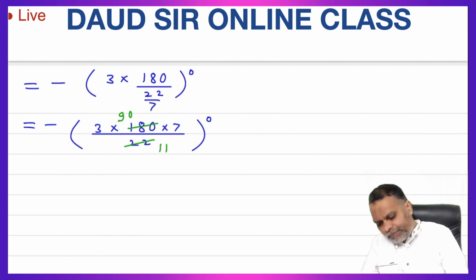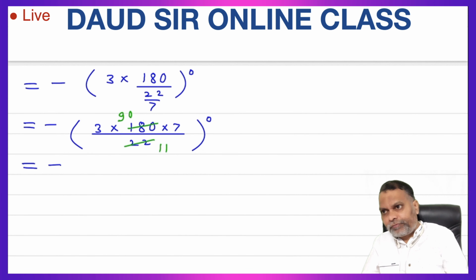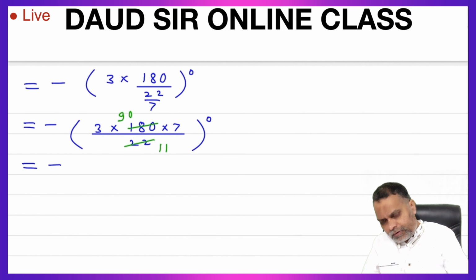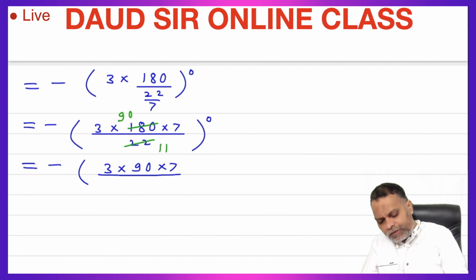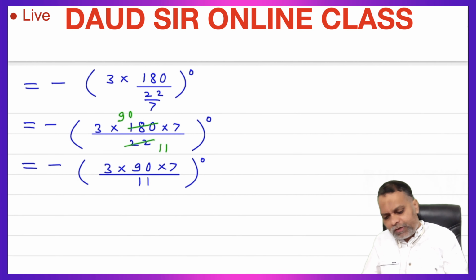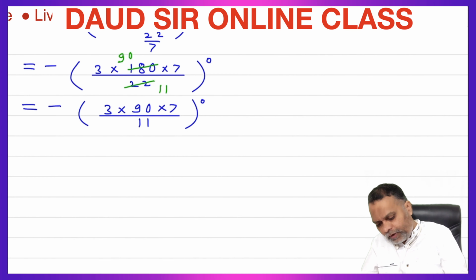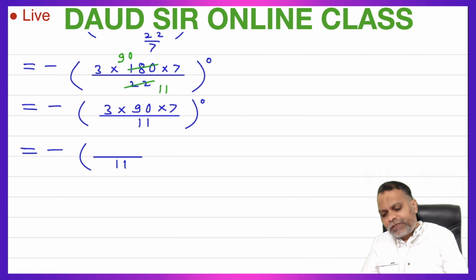Now simplify this further. Minus 3 into 90 into 7 divided by 11 degree, which is equal to minus, denominator is 11, 3 9s are 27.